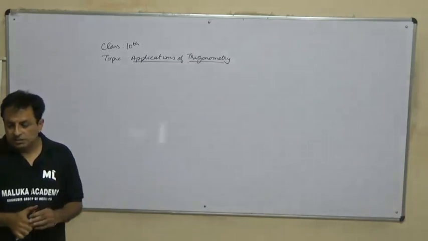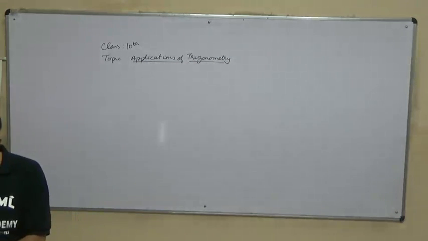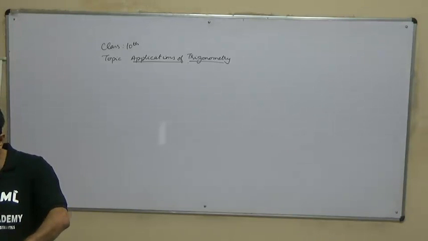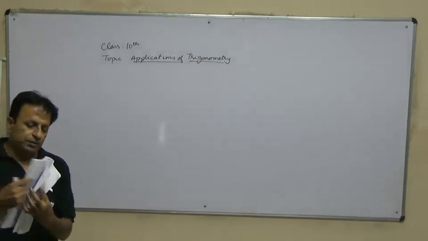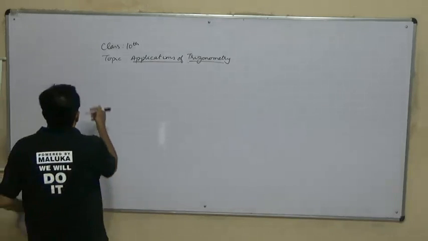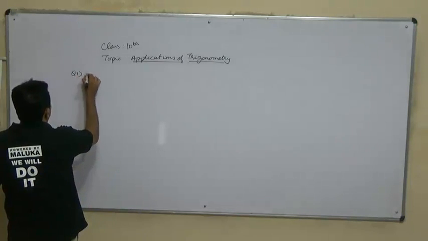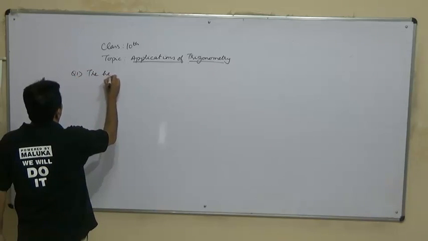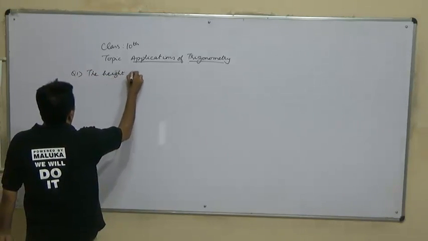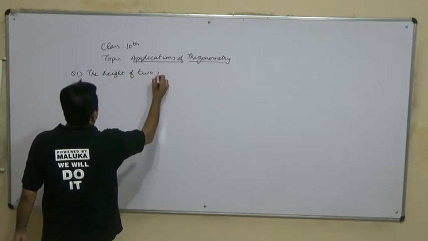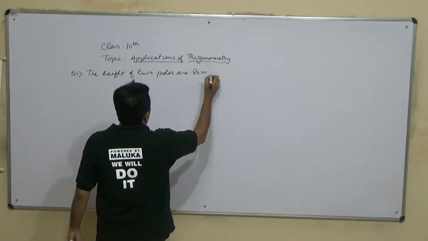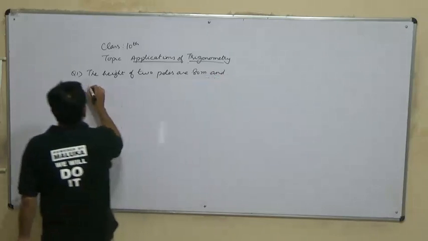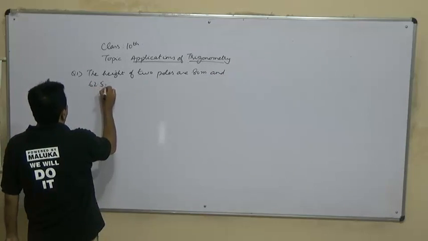So in this we take up the question. First question is, the height of two poles are 80 meter and 62.5 meters.